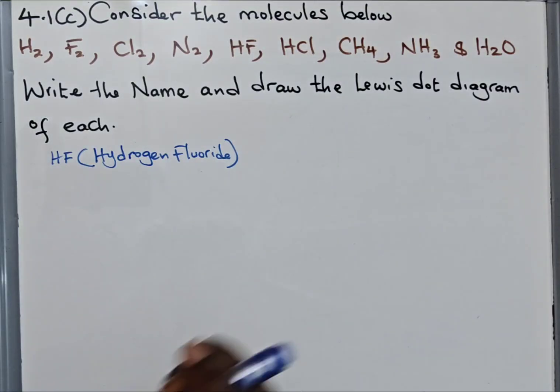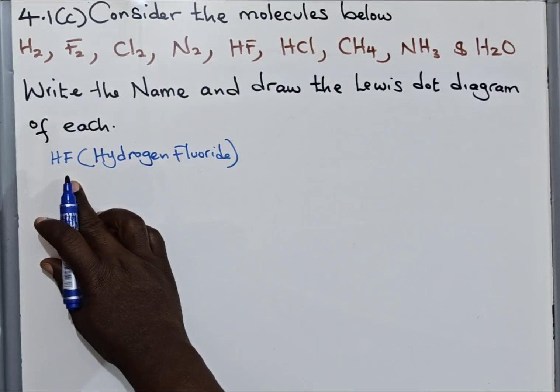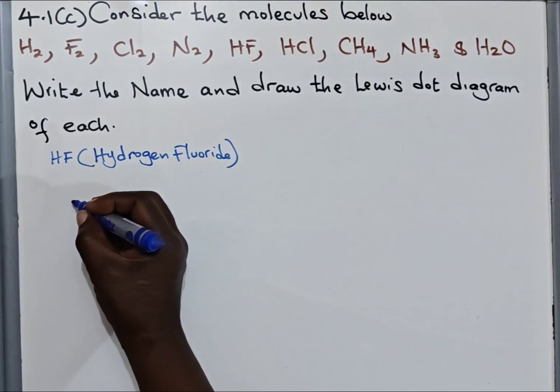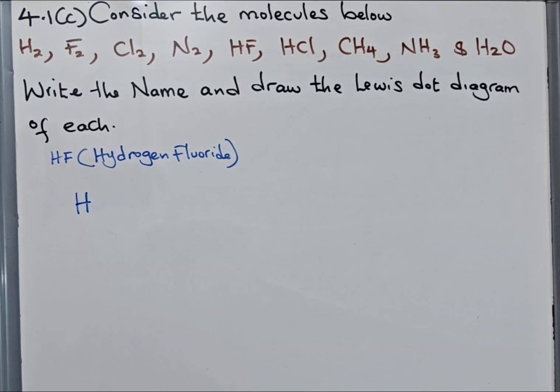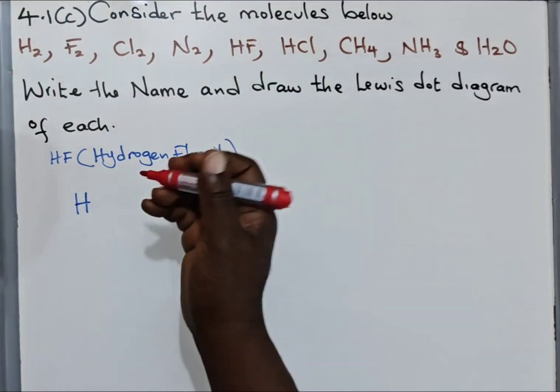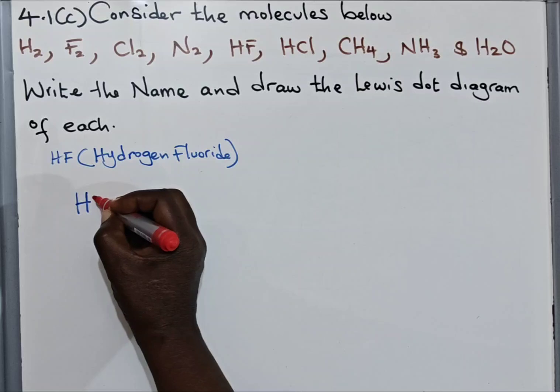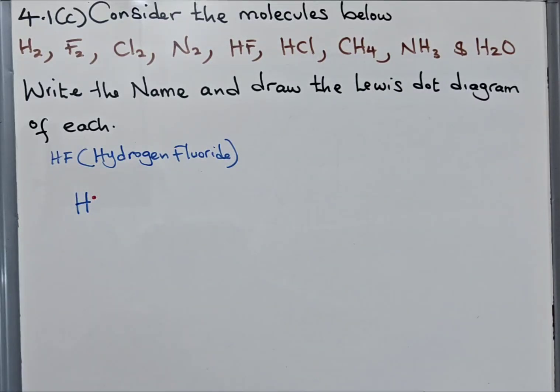So this is made up of H and F bonded together. So you start with H. And then you ask, H belongs to which group? It belongs to group 1. So it has only 1 valence electron.